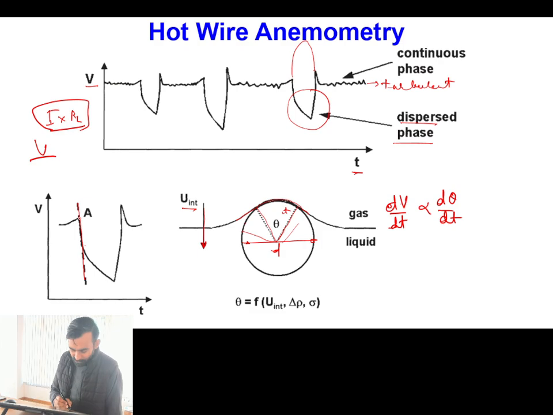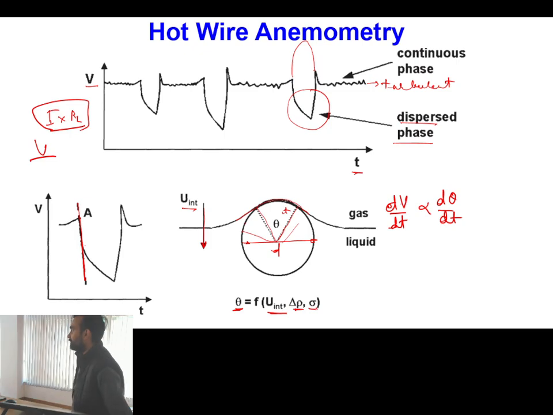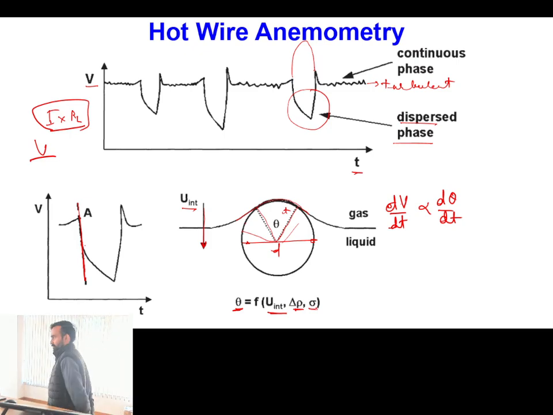This rate of change of voltage signal with time is almost proportional to the rate at which the bubble interface wraps the probe or wire. So it is proportional to dθ/dt, and how much angle θ it will be wrapping is a function of interfacial velocity, Δρ, the density difference between the two mediums, and σ, the surface tension coefficient.